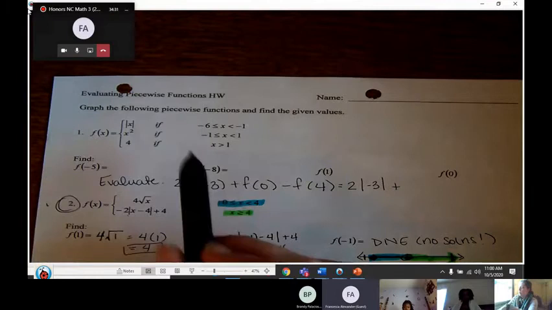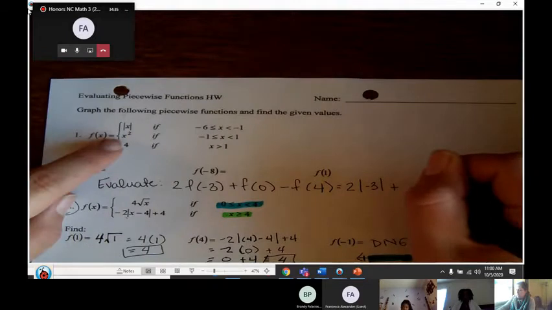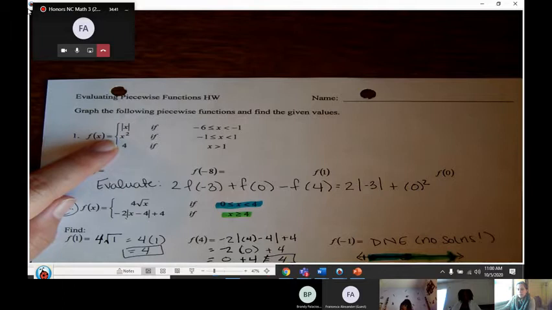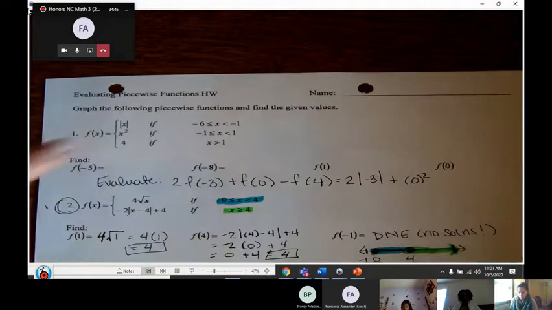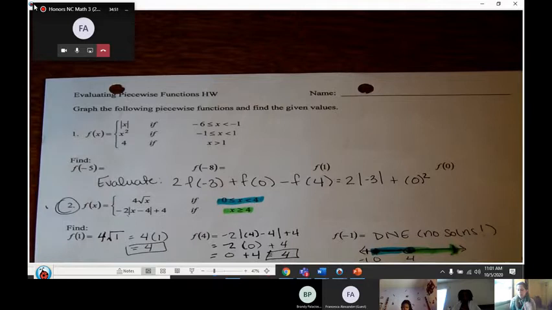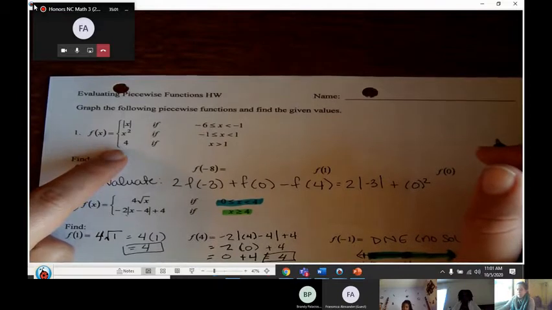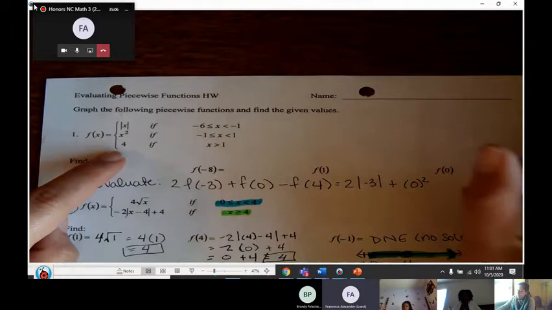Yeah, it's between -1 and 1. So I'm going to have plus 0 squared. And then my last one is f of 4. F of 4 is in which of the domains? The last one. And if it's in the last one, what value am I always going to put no matter what my x value is? 4. Yeah, so I'm going to subtract 4.